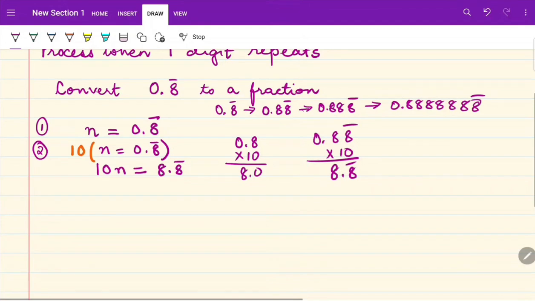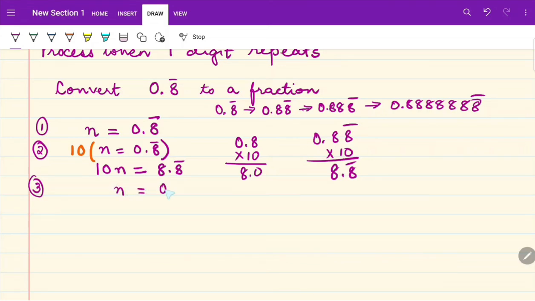Then in step 3, we write the initial equation, n equals 0.8 bar, under 10n equals 8.8 bar, and we subtract the two equations. When I do that, I have 10n minus n is 9n.